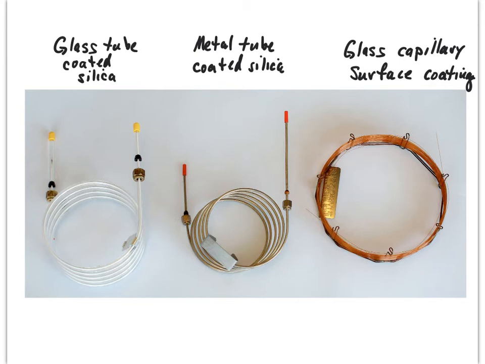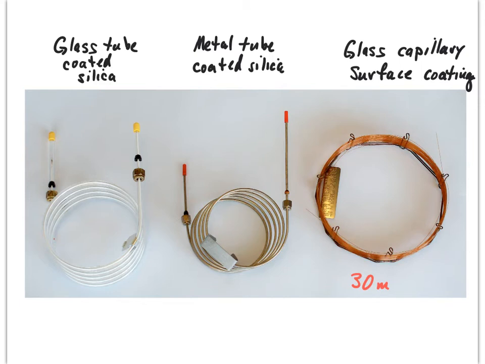But current GCs, and the HP 5890 uses a glass capillary column, a very thin glass tube that's thin enough that it can be wrapped, right? These columns can be up to 30 meters long. Ours, I think, is more like 10 meters.